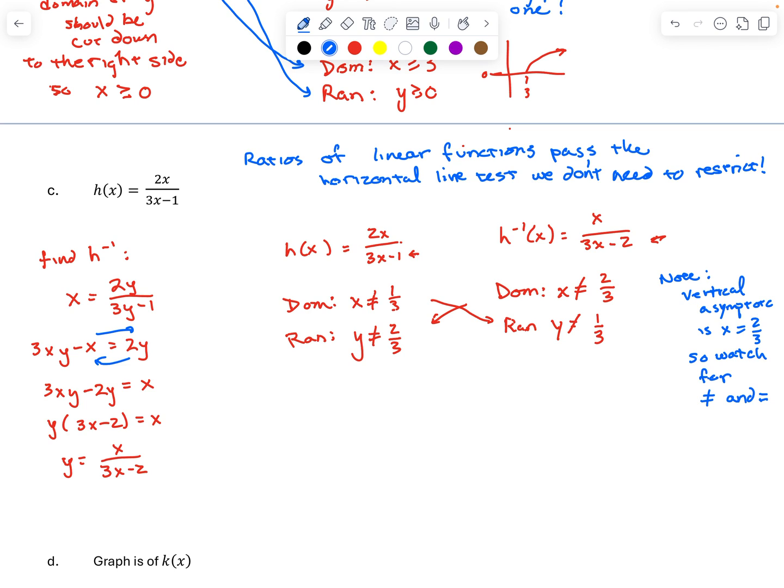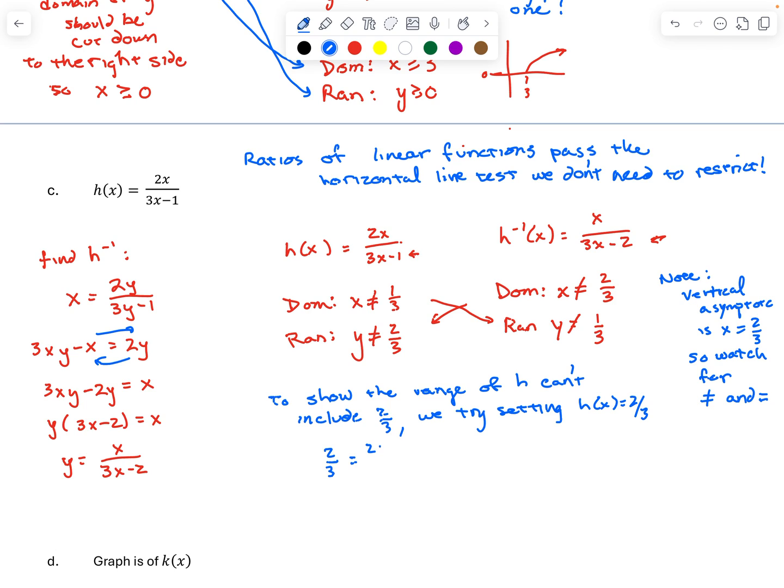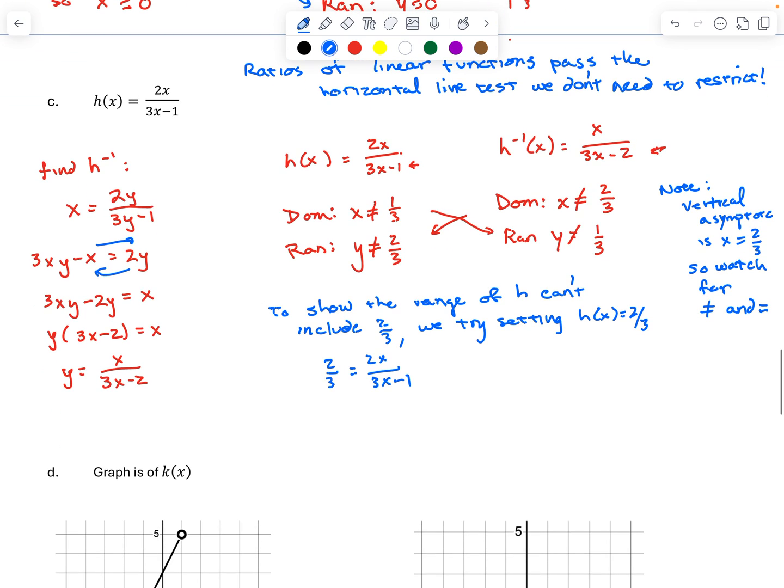Okay, so for example, if you cross multiply this, you get 6x minus 2 equals 6x, and you get negative 2 equals 0. Well, that's not true.